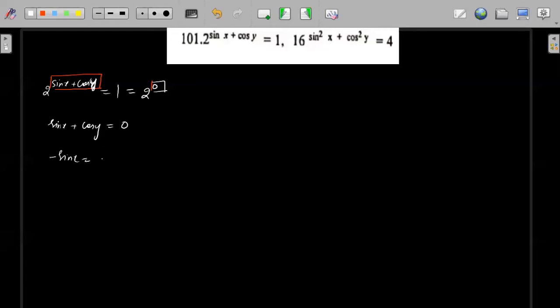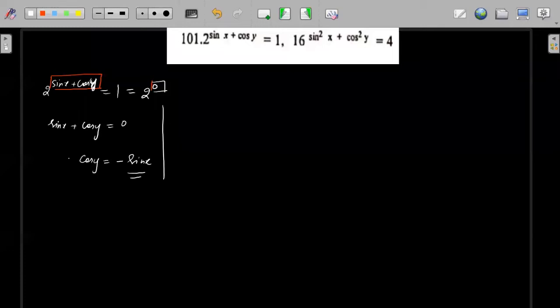I will take this on the other side, so cos of y is equal to minus of sin x, right? Now how will I write minus of sin x in terms of cos y?